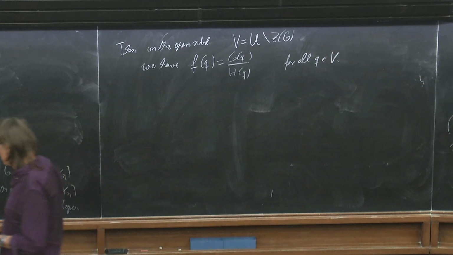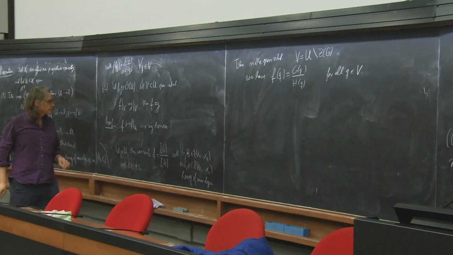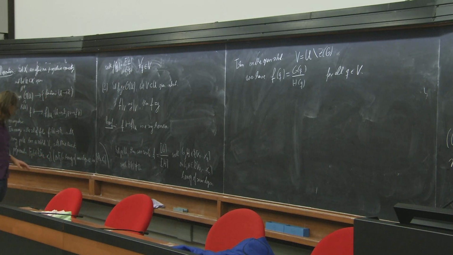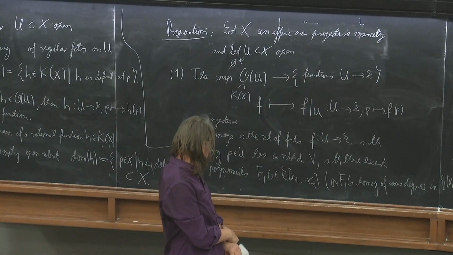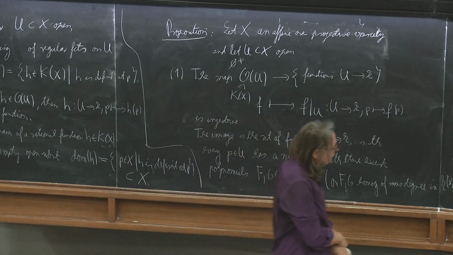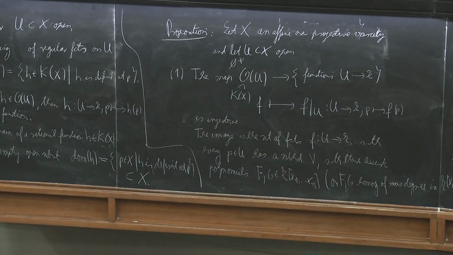So this is this second statement, that every point P in U has a neighborhood such that such polynomials exist, and we can write it in this form. So this was one statement.